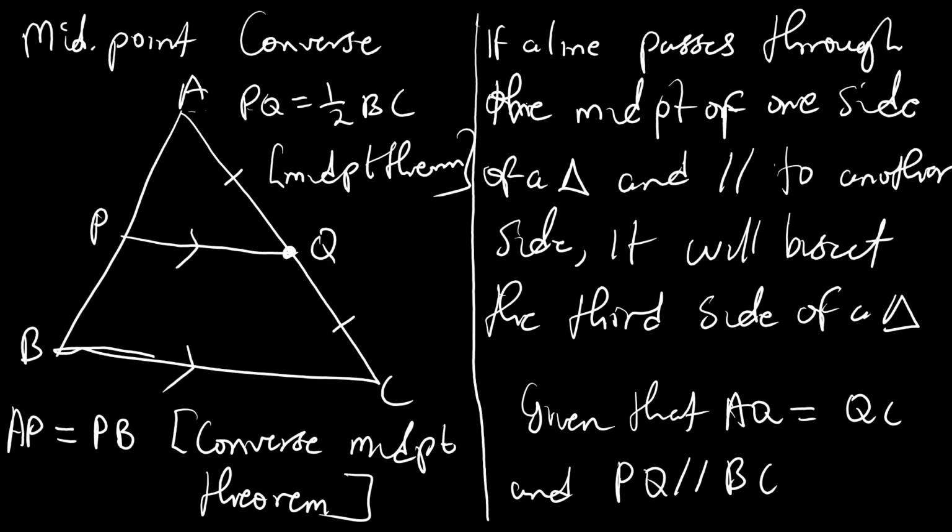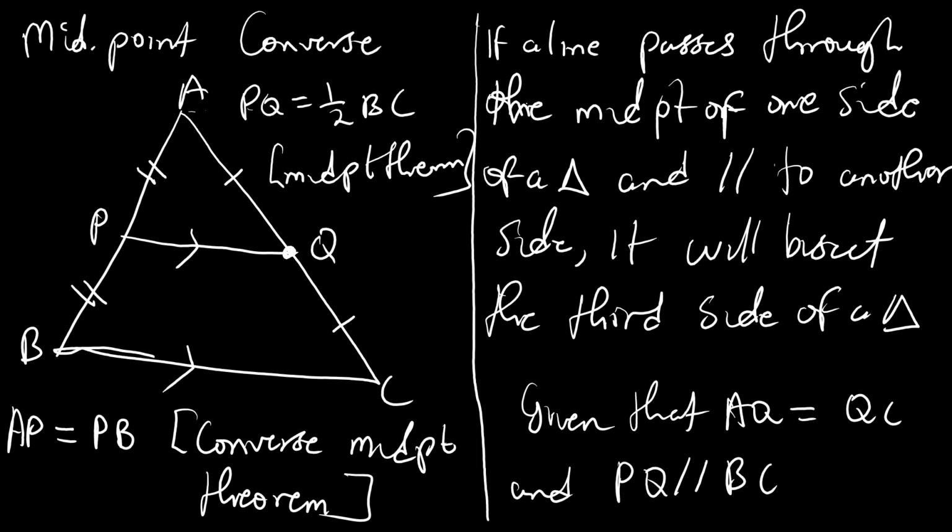So you must start by proving that here we have a midpoint theorem situation, because I've shown you we apply the midpoint theorem when we are given both midpoints. So if AP is equal to PB, now we can apply the midpoint theorem and say PQ is equal to half of BC. But we cannot say PQ is equal to half of BC if we are not given enough information.